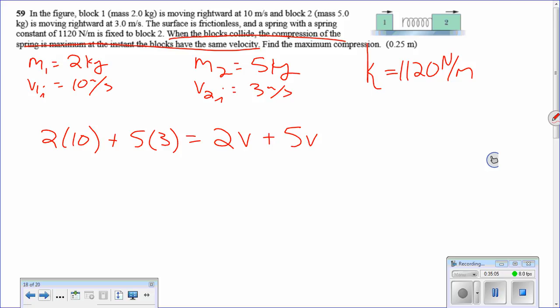You see that? Yeah, I get it. So in other words, the problem would continue after this. There's some other final velocity after the collision. But I'm just confused as to why that couldn't be the final velocity. Because we're trying to find the maximum compression. So the moment we're interested in is the moment when the spring is squished the most, and that occurs when the two velocities are equal. Okay. Good?